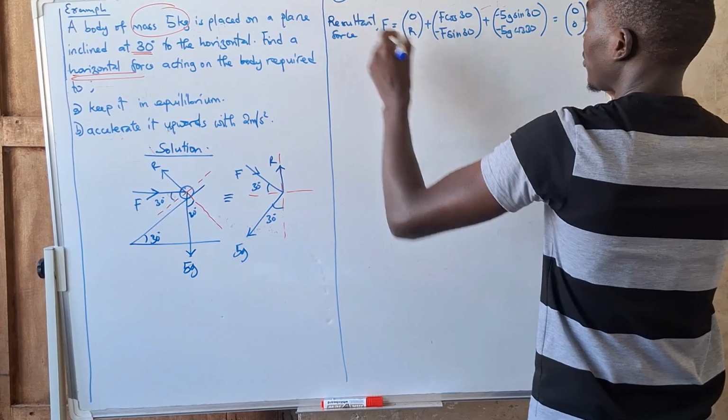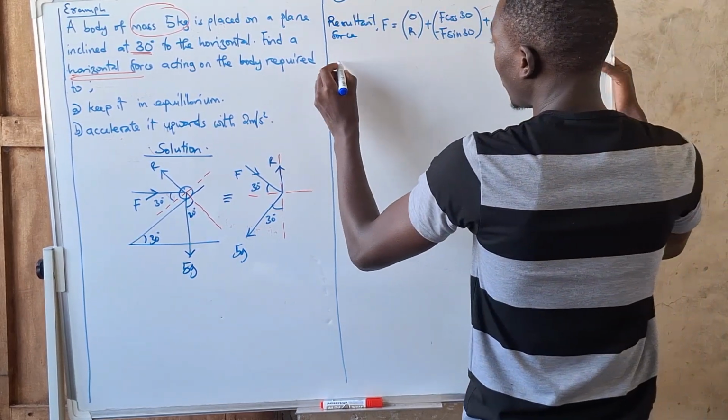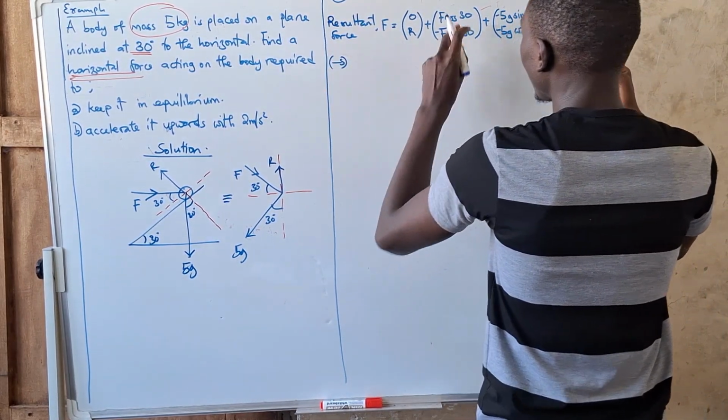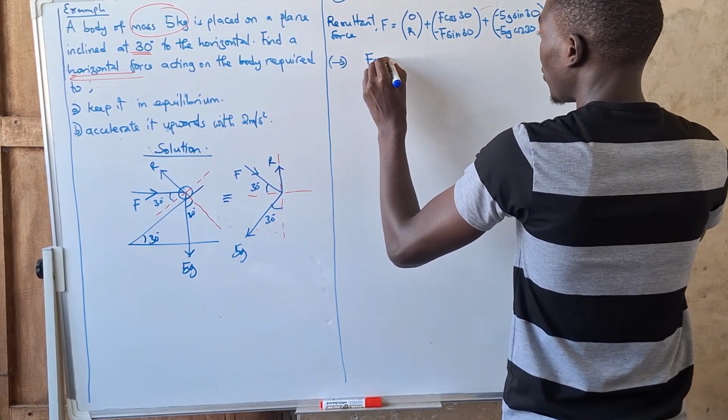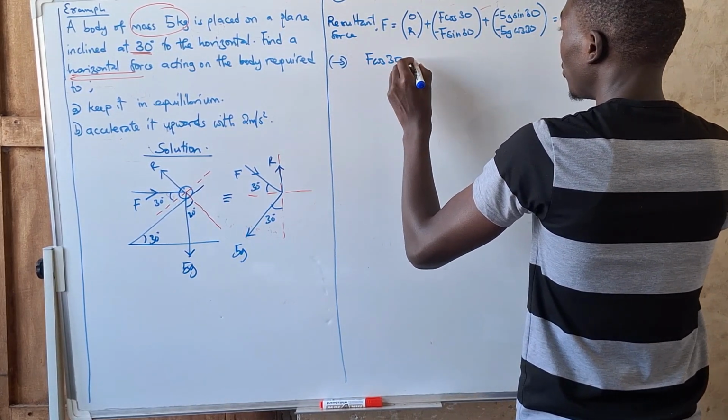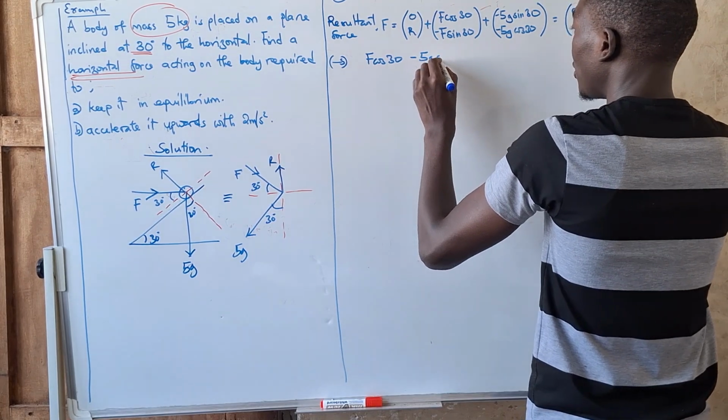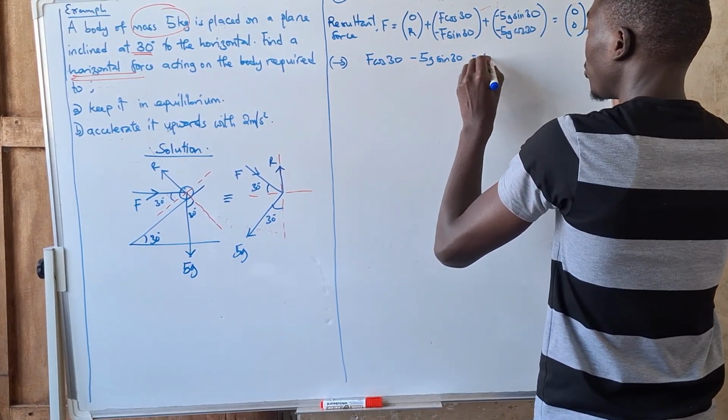This is part A. So you can see that our interest is in resolving horizontally. If you go horizontal, F cos 30 minus 5g sin 30 will be equal to 0.